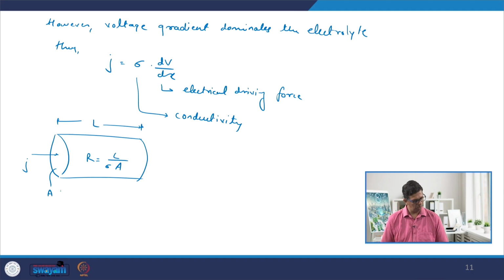So, if I want to transfer these charges, there has to be a potential difference or energy that we need to lose.